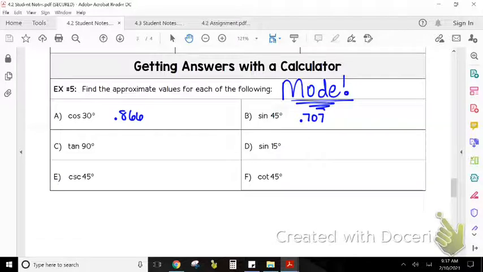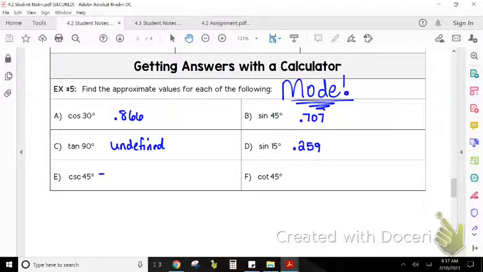Then we're going to type in tangent of 90 degrees, and it's going to tell us error. That's because tangent of 90 degrees is undefined, and we'll talk more about why later. Sine 15 degrees, hit enter, 0.259. Now, I don't have a cosecant button. And remember, cosecant's a reciprocal, not an inverse, so don't hit second sine.